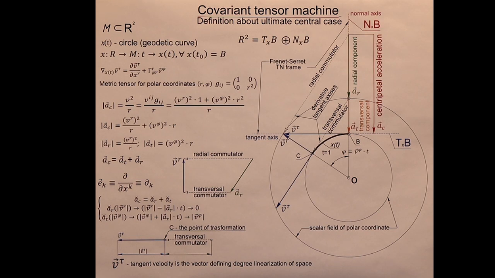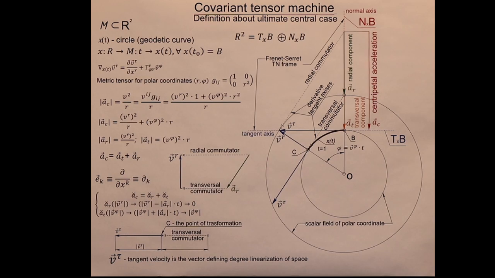Differentiate graphically the radial velocity vector along the line xt. The modulus of radial velocity depends on the distance c according to the definition.